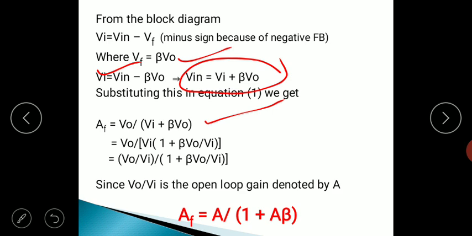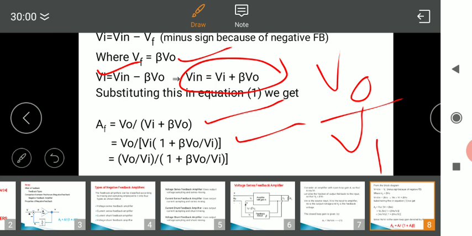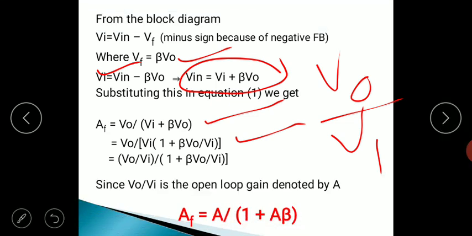Now we will try to rearrange this term. If we take Vi common from the denominator, it becomes Vi into bracket 1 plus beta into V0 by Vi. So this can be written as V0 by Vi divided by 1 plus beta into V0 by Vi. And what is V0 by Vi? You know that V0 by Vi is the open loop gain denoted by A. So if you substitute A here, we get AF equal to A divided by 1 plus A beta.